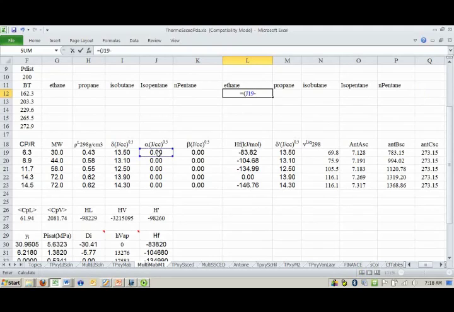So what I'm doing here is typing in the formula. I'm going to type it in a certain way so that when I make the changes, it's going to copy the cells in a way that makes it easy for me to change.